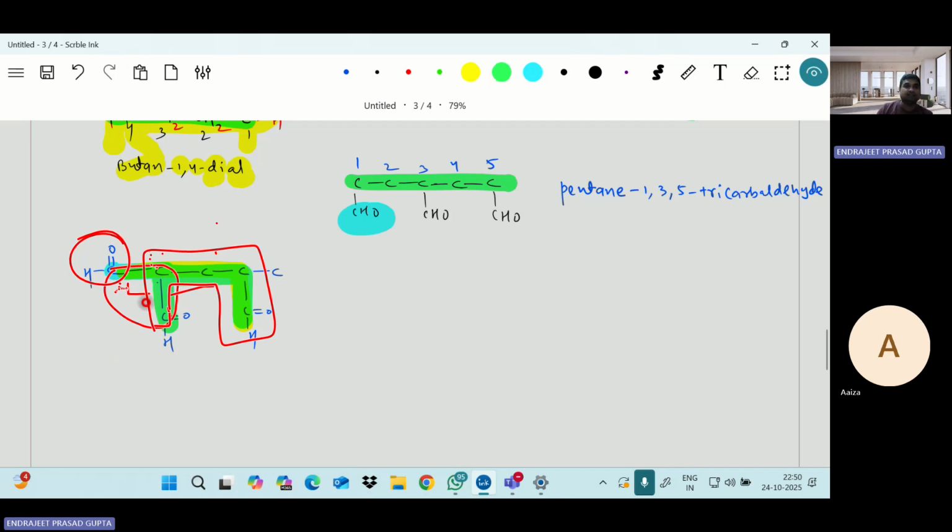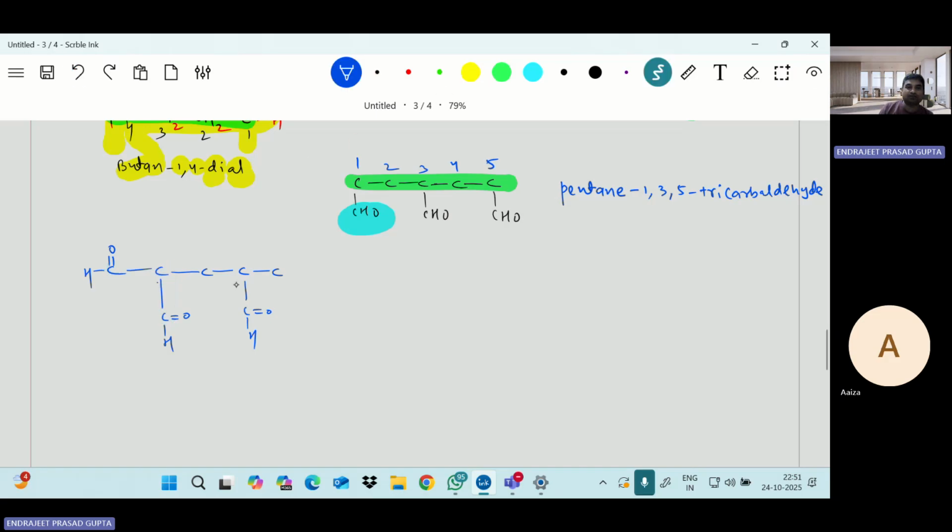So in this case, if CHO is more than 2 and you are selecting the main carbon chain, and all the carbons of the functional groups are not included as part of the main carbon chain, then leave out the carbon of all aldehydes.